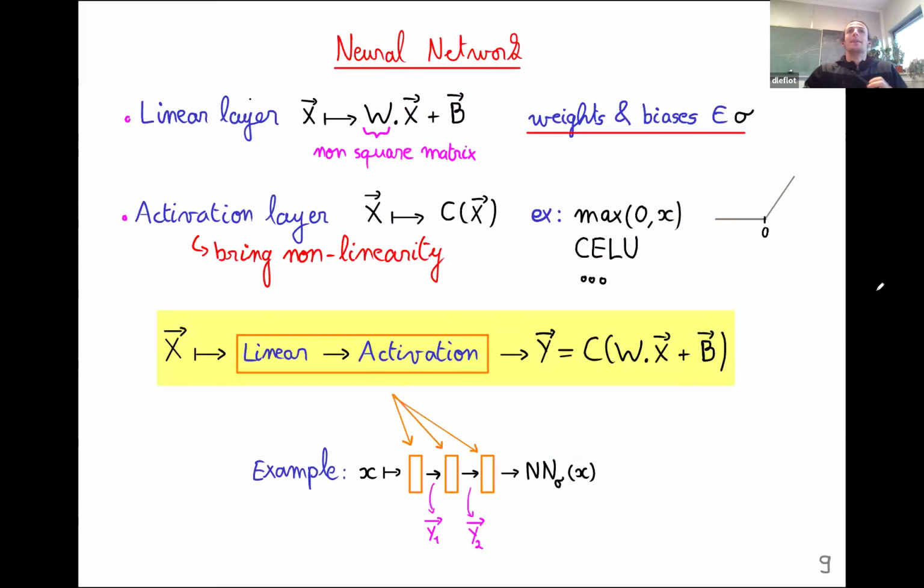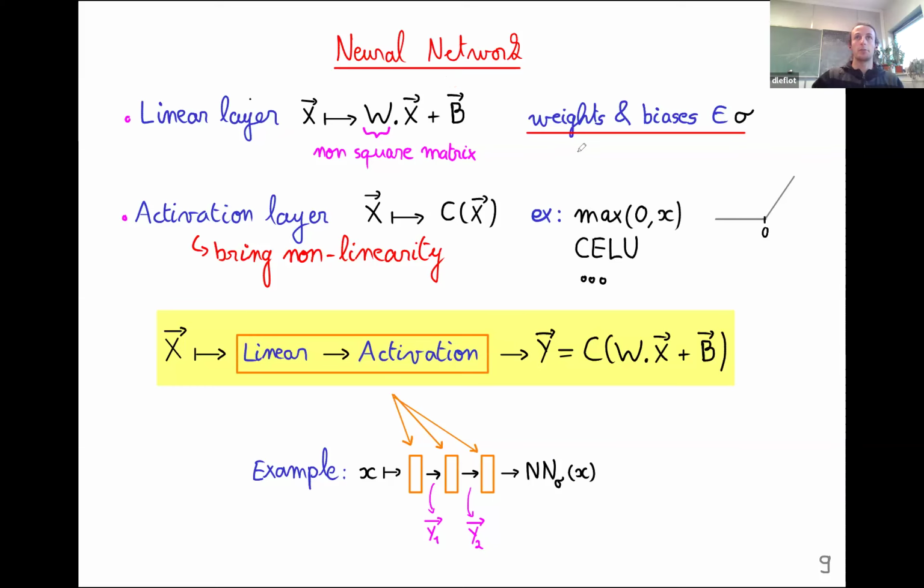Okay. First, I will define what a neural network is. In our case, we will build our neural network from two kinds of layers: linear layers and activation layers. The linear layers take as an input a vector, multiply it by a weight matrix, and add a bias matrix.